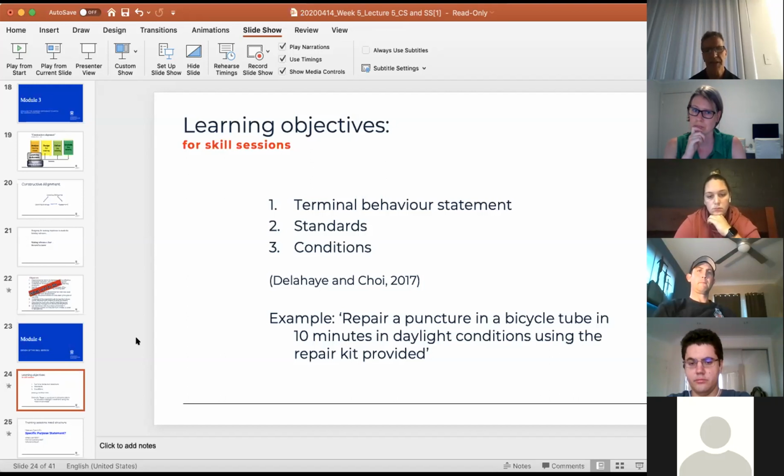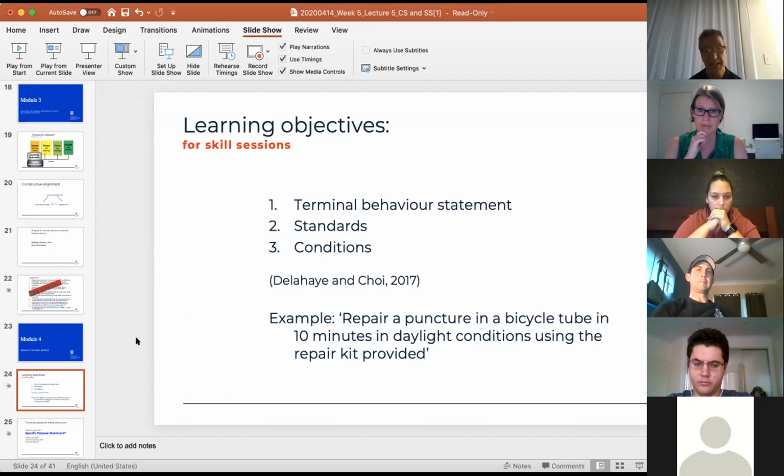Can you see how there are standards and conditions in there? What's the standard? 10 minutes and in daylight. Oh no, sorry, 10 minutes. So the standard is to repair the puncture in 10 minutes, in daylight conditions.